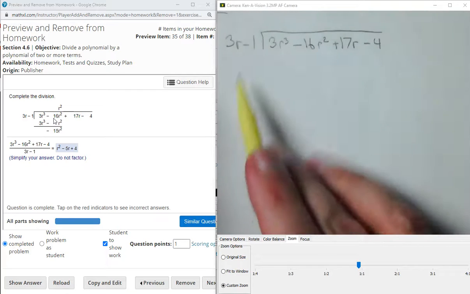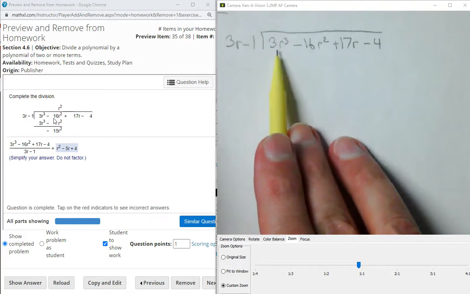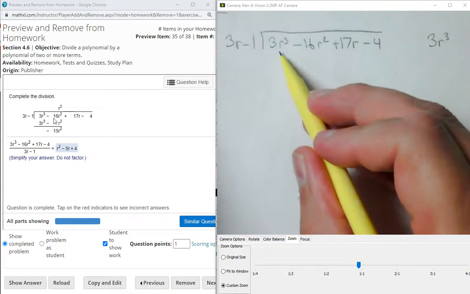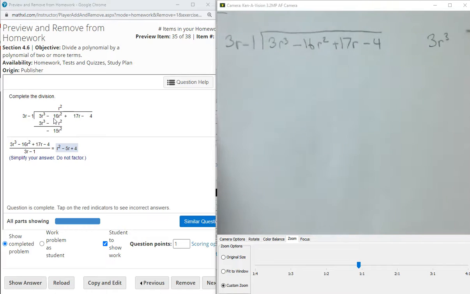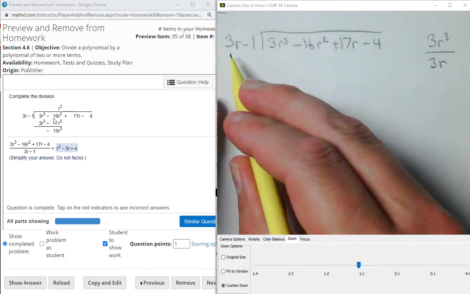So the first thing I do, I look at the first term of the divisor and the first term of the dividend. Basically what I'm thinking here is I'm going to divide 3r cubed, the first term of the dividend, by 3r, the first term of the divisor.